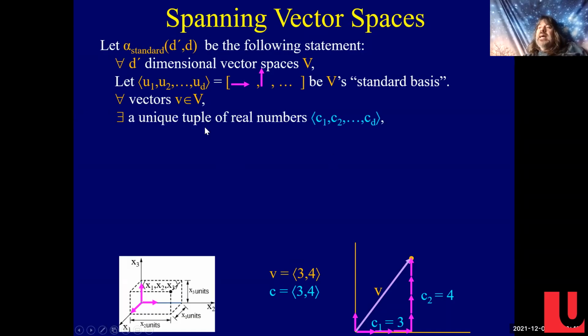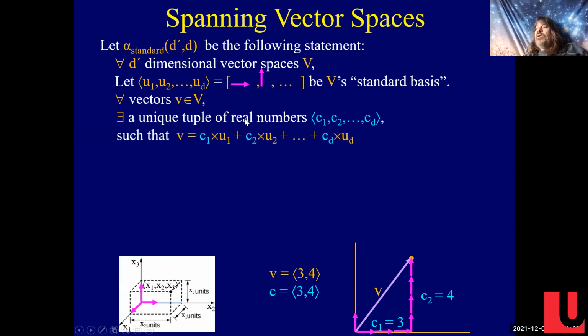And then I claim that given this basis and given this light purple vector, there exists a couple of coefficients, right? We have D bases and we have D coefficients.